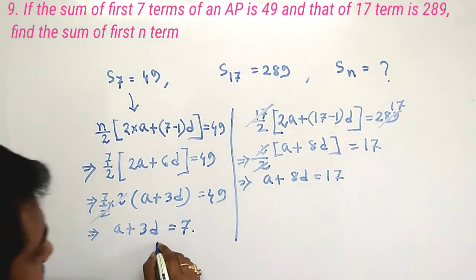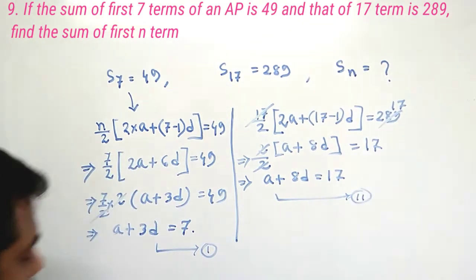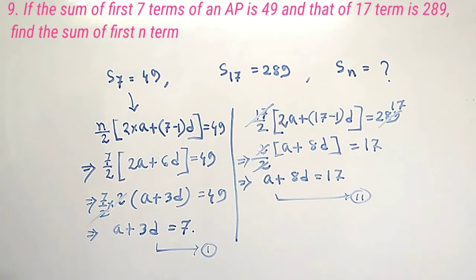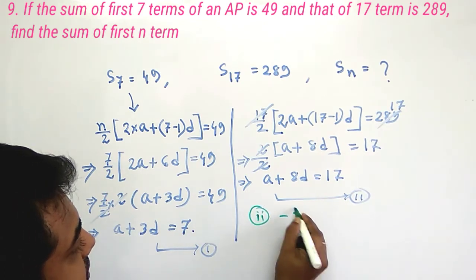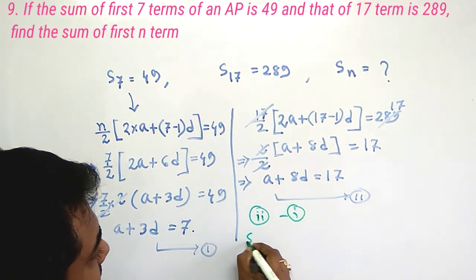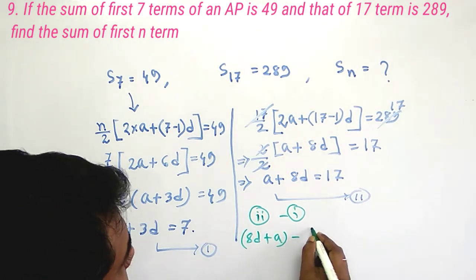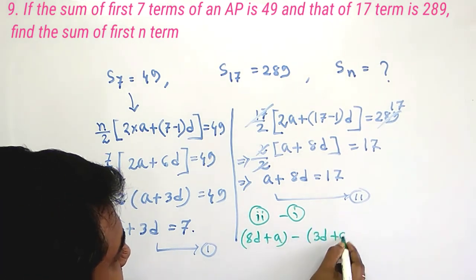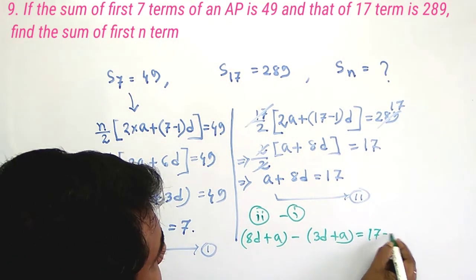So now if you subtract 2 minus 1 like this, so what do you have? If you do 2 minus 1, so it will be A plus 8D minus A minus 3D equals to 17 minus 7.